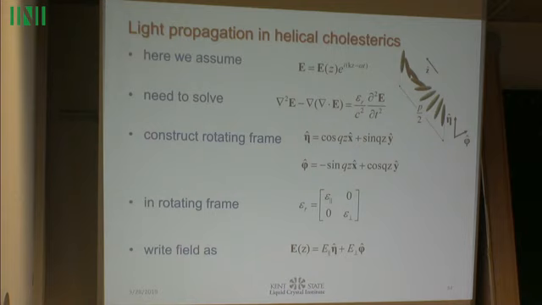Okay? And in optics, it's the same story. We have a periodic dielectric constant. We have bands where light propagation is forbidden, and that's the photonic band gap that will become manifest in a minute, I hope.